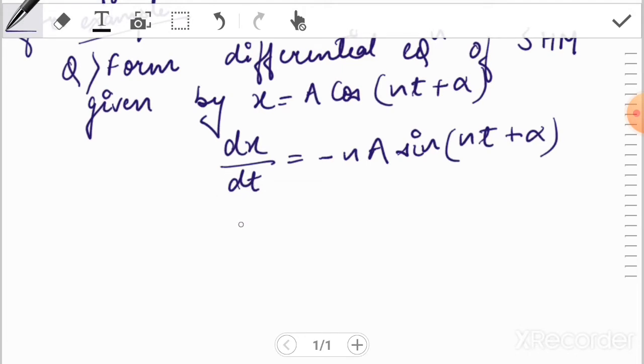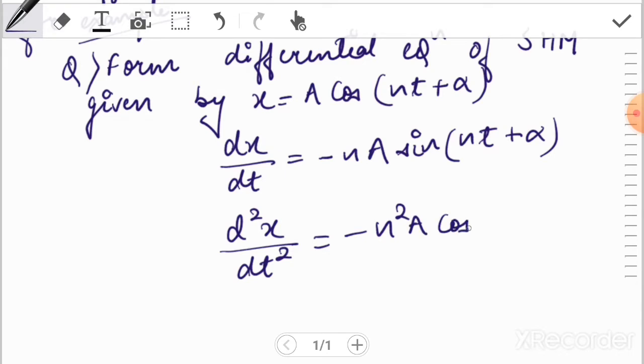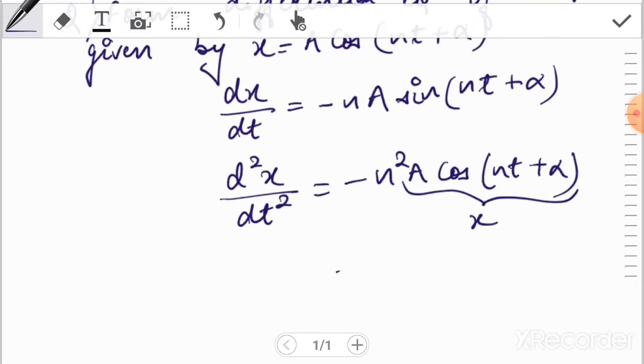Differentiating it once again, d square x by dt square is equal to minus n square a cos(nt plus alpha), and this a cos(nt plus alpha) is x. So differentiating it twice, we get minus n square x.